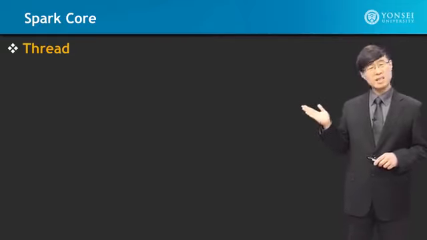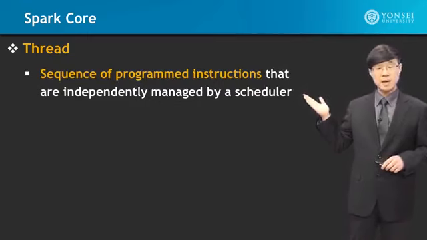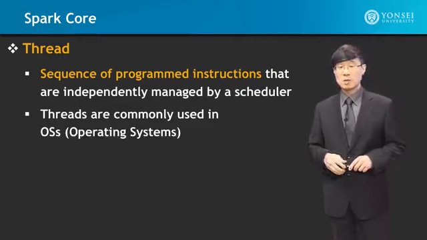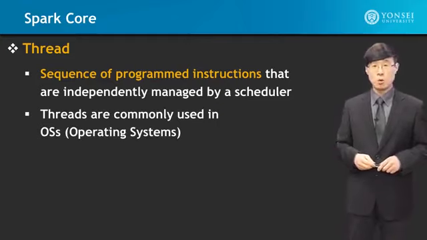A thread. What is a thread? Well, this is a sequence of programmed instructions that are independently managed by a scheduler. Threads are commonly used in operating systems. So on your smartphone, your personal computer, your laptop computer, your iPad or tablet computer, all of the processes are operated based on multi-core threads.